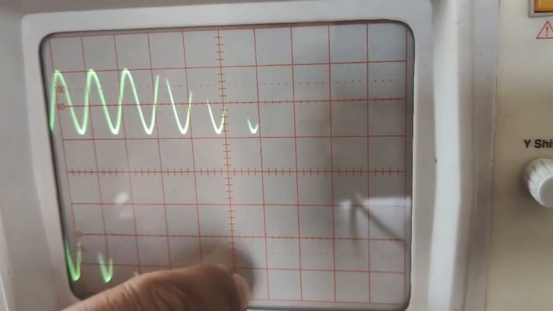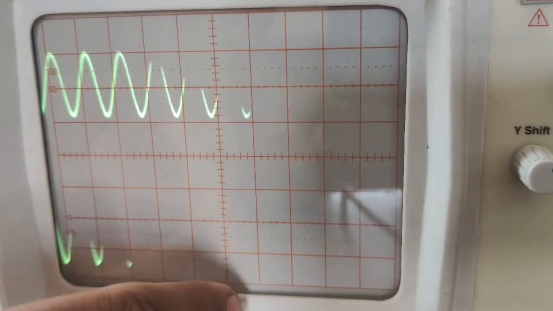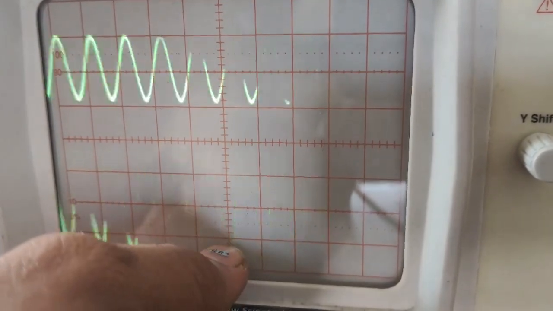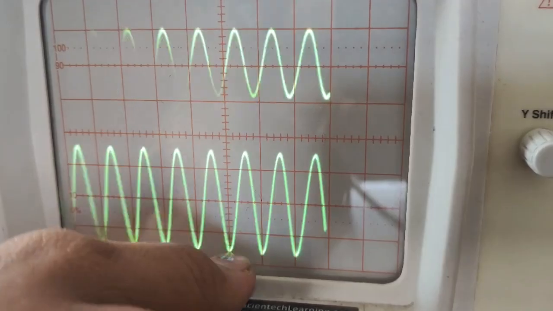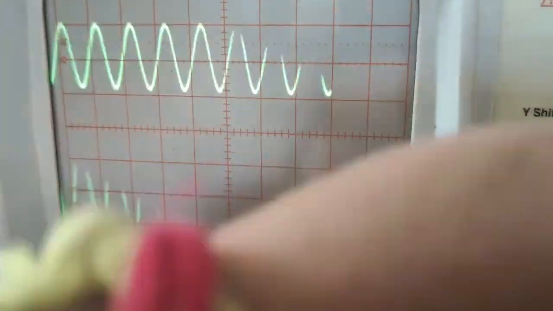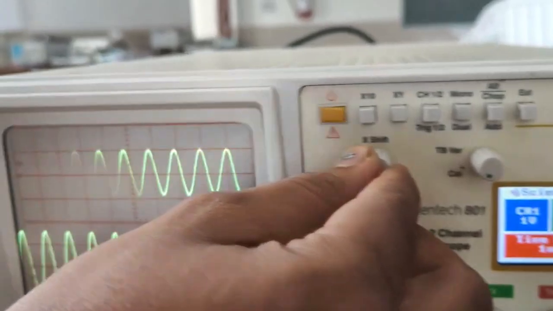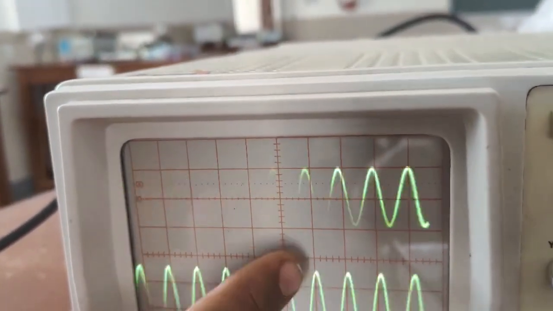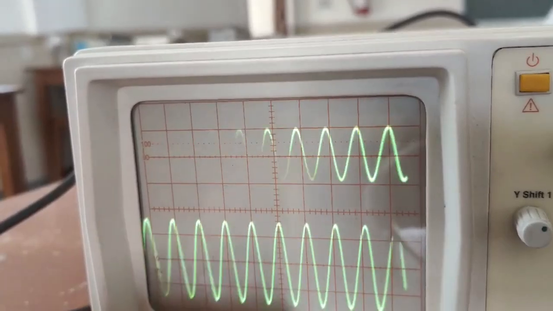Okay, so my mistake. So each small division is 0.04. So here the lower half is at almost 0.04, 0.08, 0.12. So this is 0.2 and this is 0.32. And your upper half is also at, again, almost the same thing. So it's another 0.32. So the peak to peak voltage is 0.64.